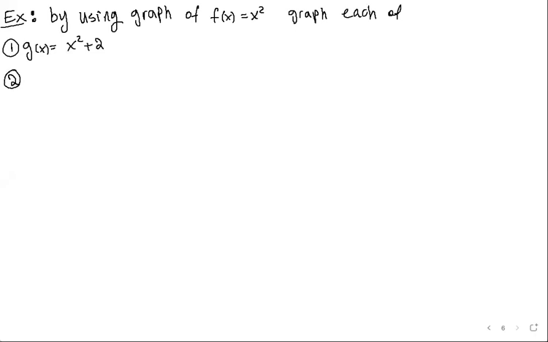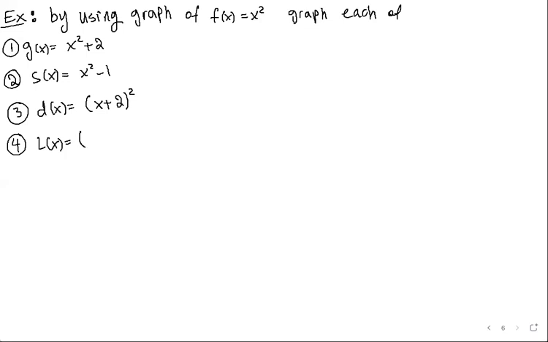Number 2, s of x equal x square minus 1. Number 3, d of x equal x plus 2 square. Number 4, L of x equal x minus 1 square.